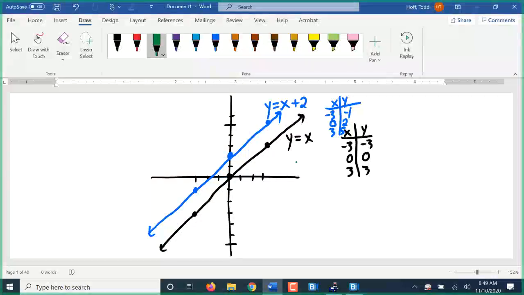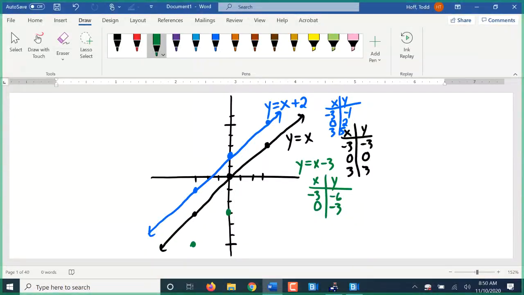So, makes sense if we tried y equals x minus 3, it might be predictable in the other direction. If x is -3, well, -3 minus 3 would be -6. That would be right there. -3, -6. If x were 0, y would be 0 minus 3, would be -3.